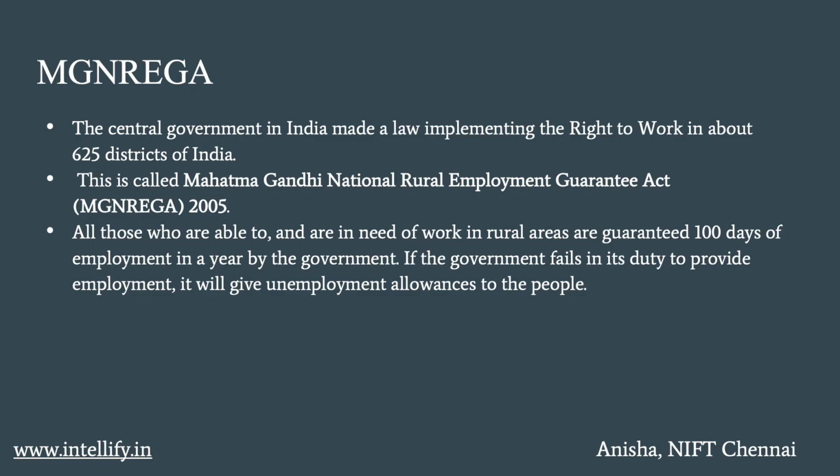Under this Act, all those who are able to and are in need of work in rural areas are guaranteed 100 days of employment in a year by the government. If the government fails in its duty to provide employment, it will give unemployment allowances to the people. The type of work that in future would help to increase the production from land will be given preference under this Act.